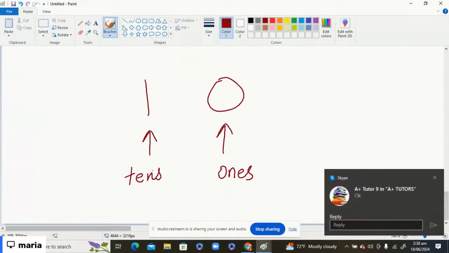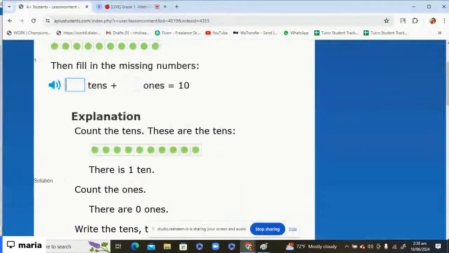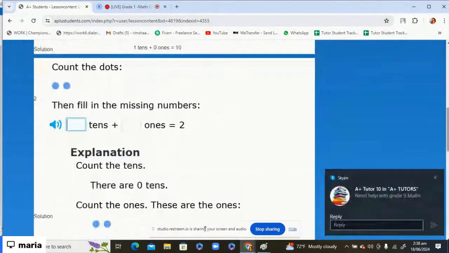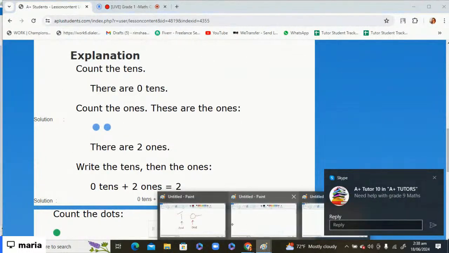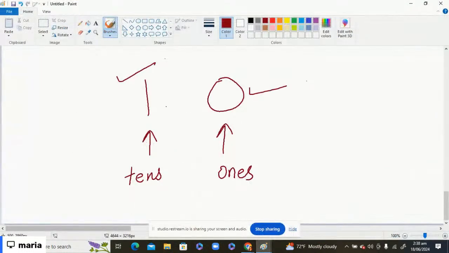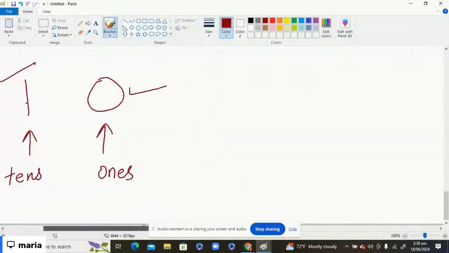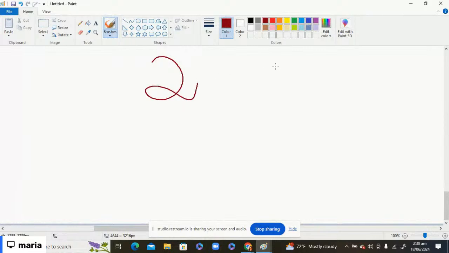Always. For example, if there are two numbers, like 2 and 0, the 0 is in the ones place and the 2 is in the tens place.